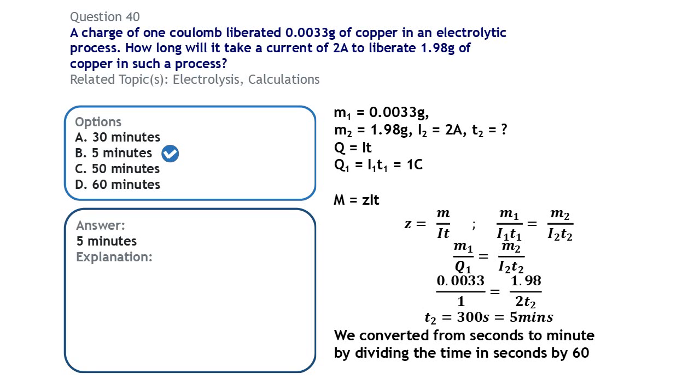Let's say I have 60 seconds and I want to convert it to minutes. I'll just divide it by 60. If I divide 60 by 60, I get 1. That means that 60 seconds is 1 minute. But here I have 300 seconds, so I'll divide it by 60 as well. 300 divided by 60 will give me 5. So I have 5 minutes here.